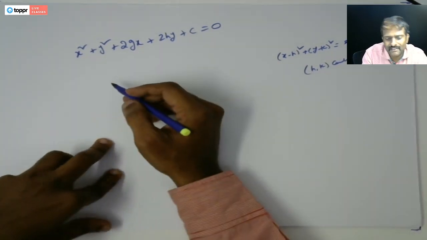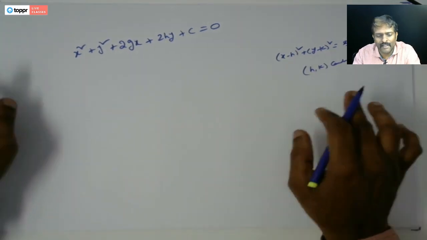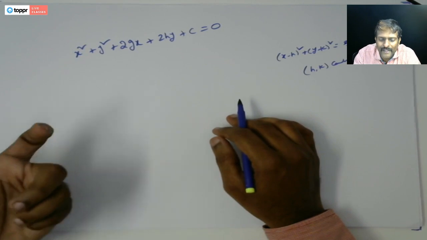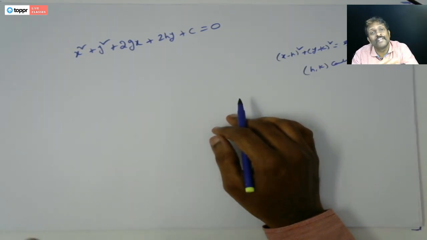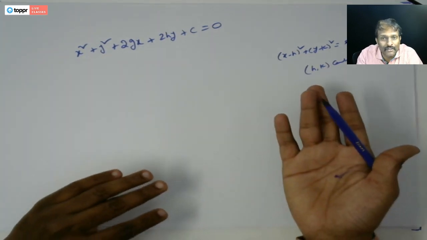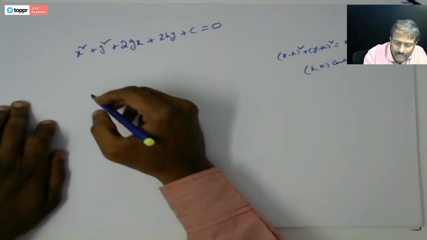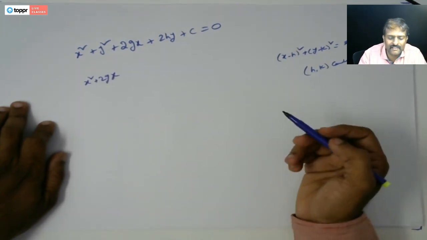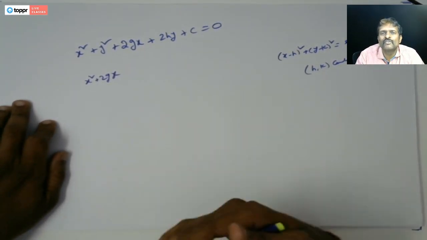So let us take the concept, like I think you all might know about completing squares. So we'll complete the squares in the variable x and in the variable y respectively, and you will simply get your equation into this standard form. So let me do that for you now. So x square plus 2gx. So I have the 2ab term here. So what else do I need now?